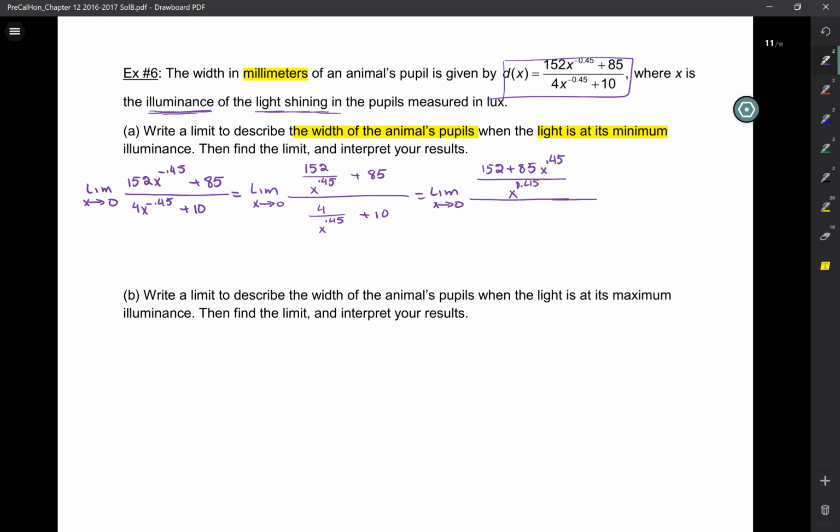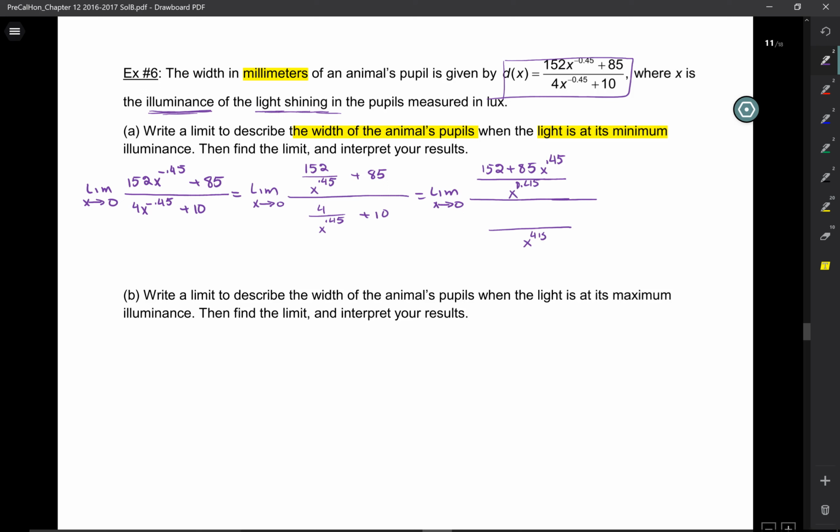Is everybody okay with how I did that? Yeah. And let's do the same thing with the denominator. So it's x to the 0.45 in the denominator. What can I do to that x to the 0.45 here and here? I can cancel them out.